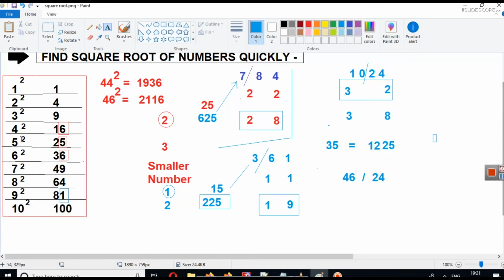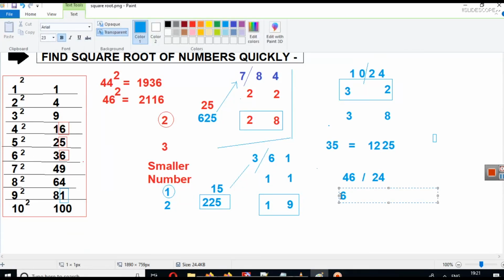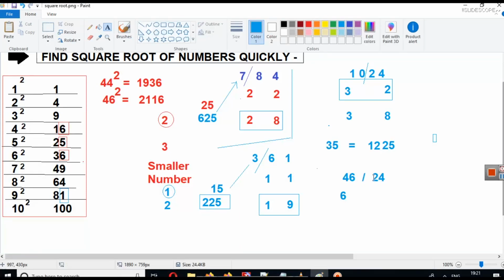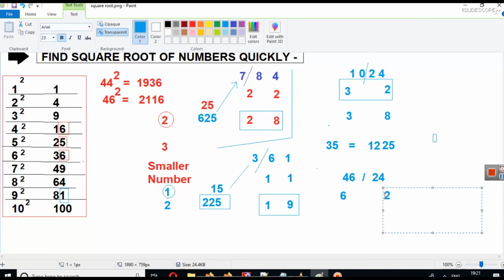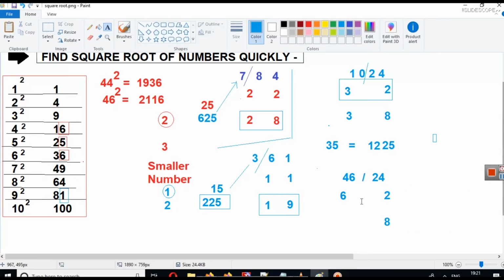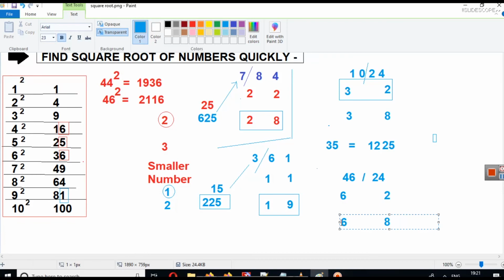So, you will find 46 between 6 and 7. 6 is smaller, so the first digit will be 6. Now, in case of 24, the last digit is 4. Again, in case of the last digit, we have either 2 or 8, right? So, either the number will be 62 or the number will be 68.